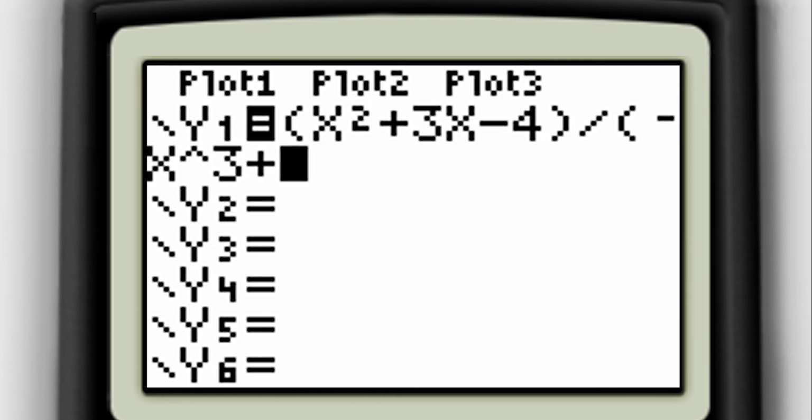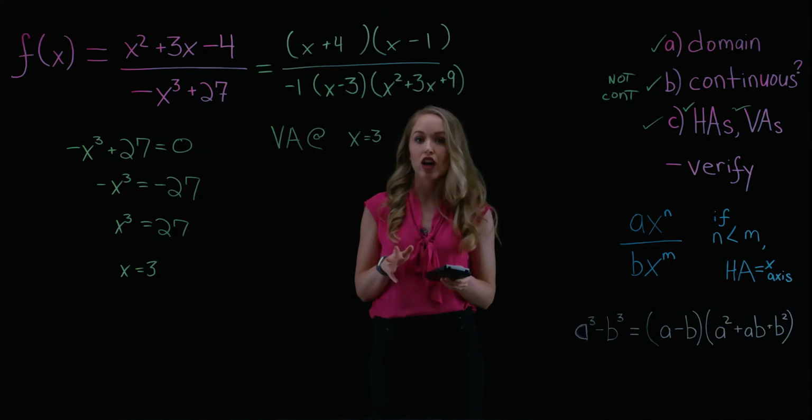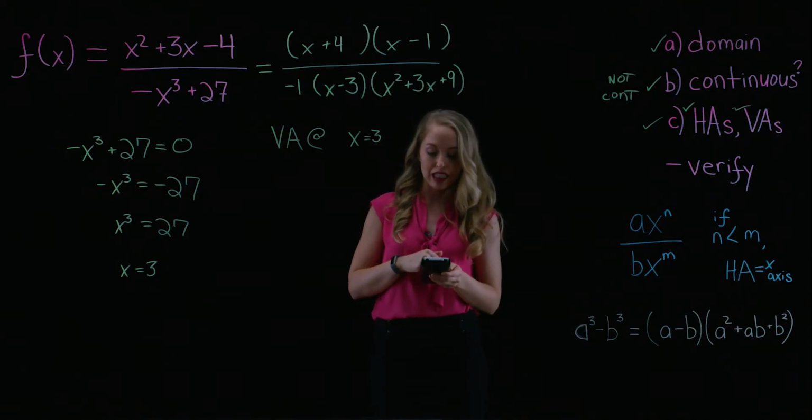I go ahead, I plug it in, I press graph, I look at my graph and I verify what we had determined, which is that we have a vertical asymptote at x equals 3, a horizontal asymptote along the x-axis on the line y equals 0, and that our function is definitely not continuous.